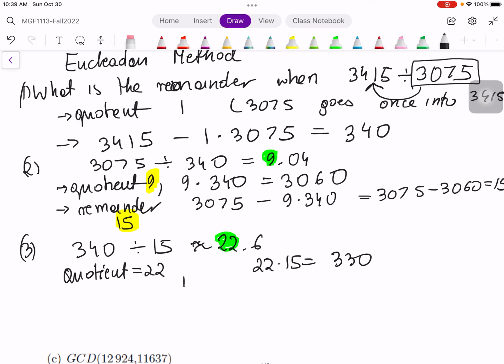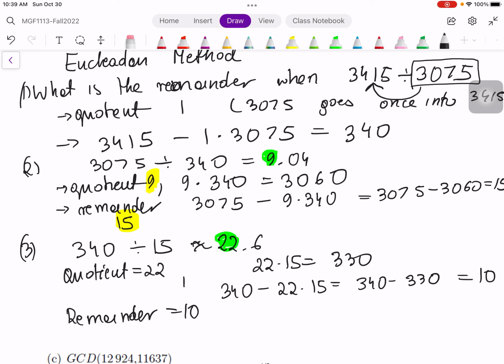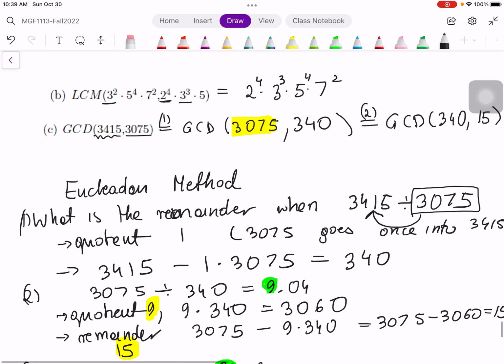So when I take away 330 from 340, I'll get my remainder. So I need to know the quotient. Once I know how many times 15 fits into 340, those 22 15s need to be subtracted from 340 to see what the remainder is. So the remainder is 10.